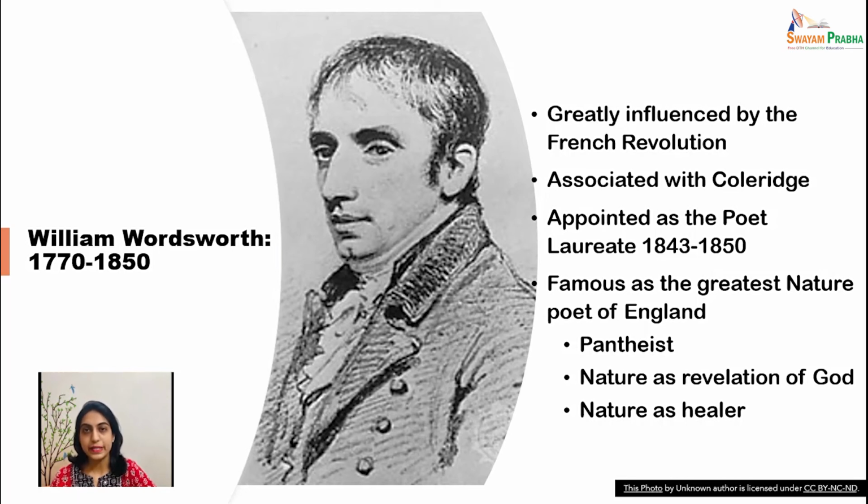He was greatly influenced by the French Revolution, and therefore he made a walking tour to France, but later in time he got very disillusioned with the revolution, and his disappointment in it made him go into depression. He was associated with Coleridge, and Lyrical Ballads was the result of this association.